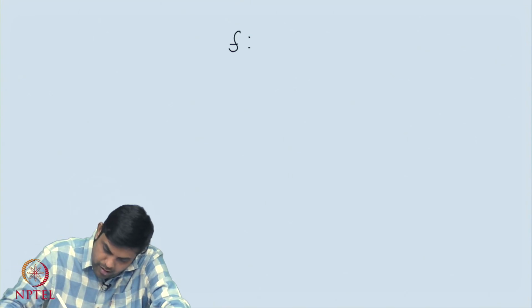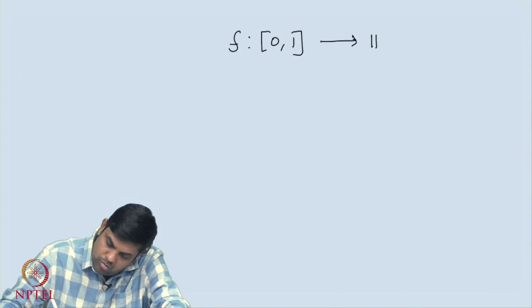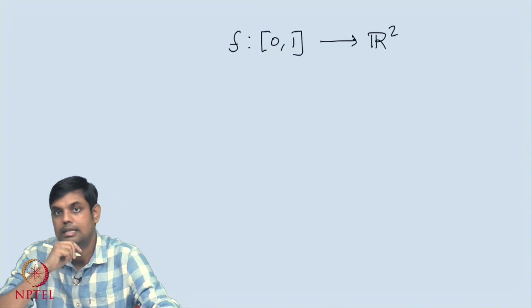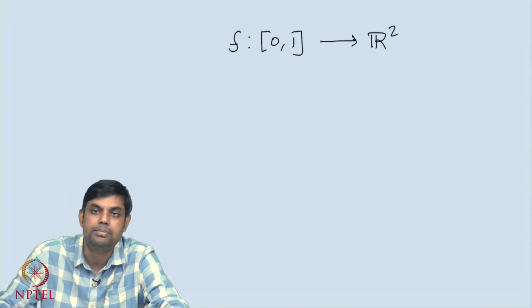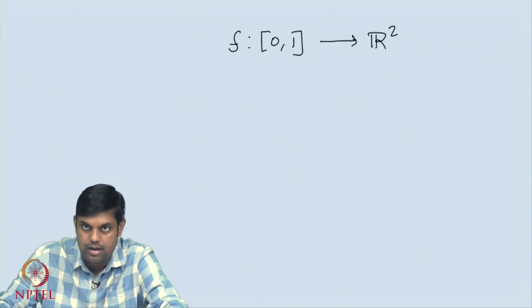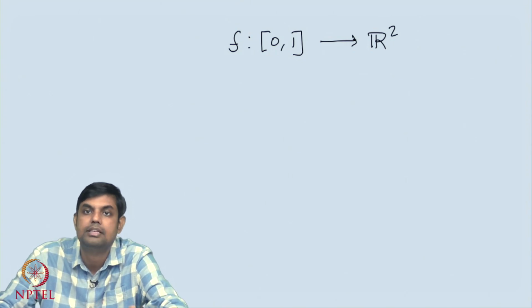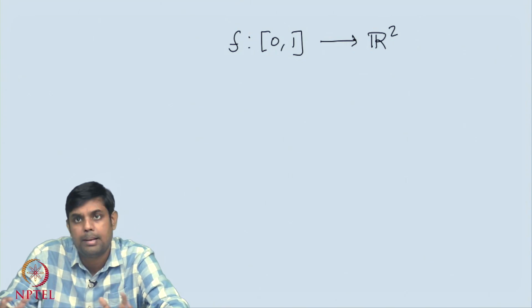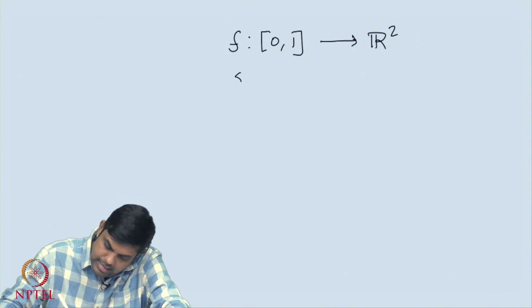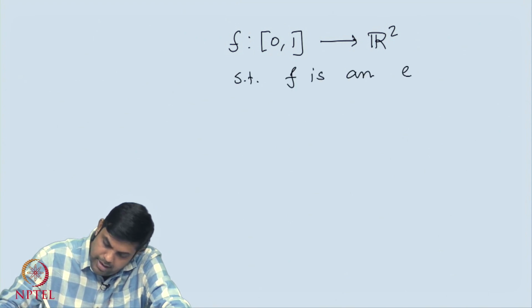Suppose I have a continuous map f from closed [0,1] to R2 such that except at the boundary, f is injective. In particular, f is an embedding, and I will explain what an embedding is.